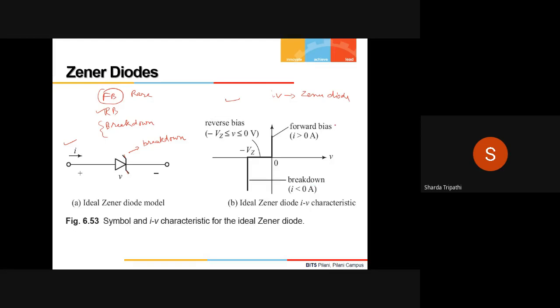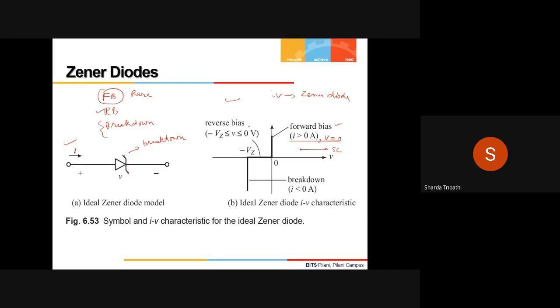In the forward bias region there is no change. You will have some current greater than 0, the same as the ordinary diode. In this region we ignore the voltage drop, so the voltage drop across the diode is equal to 0. So if anywhere you see a Zener diode working in the forward bias region, we simply replace it with a short circuit, the same way we did for an ordinary diode.